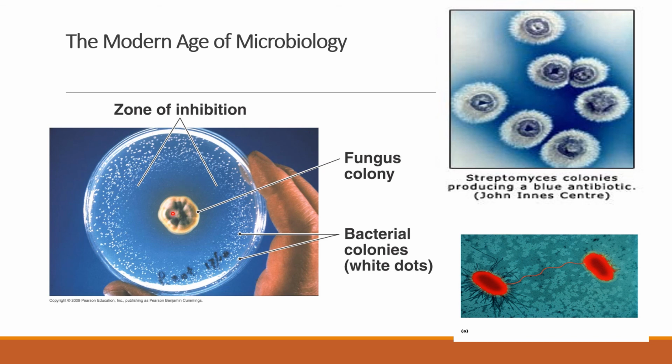Add a drop of that fungus, just one or two, diluted in such a way that you add a drop at the center and leave it like that. So when this is producing penicillin, you will find the zones of inhibition. Here the bacteria will not be able to grow because it is sensitive to penicillin.